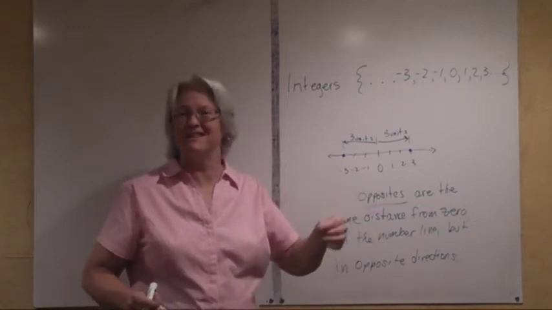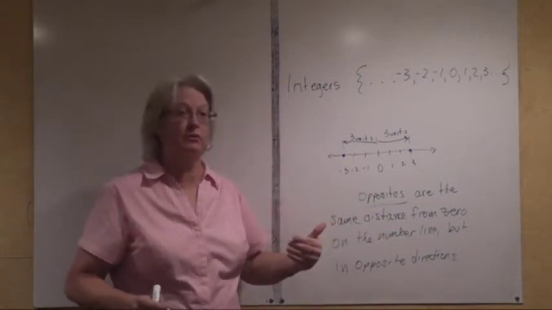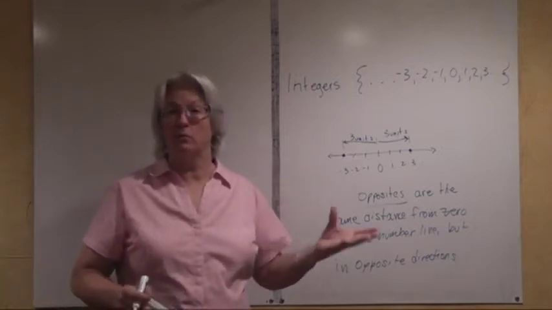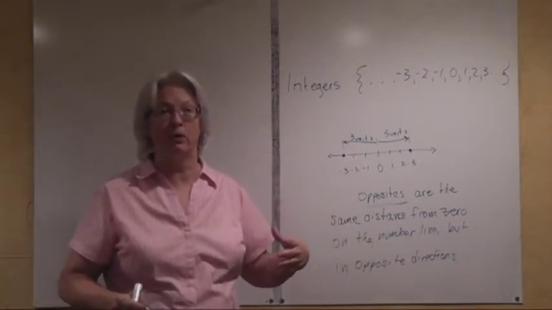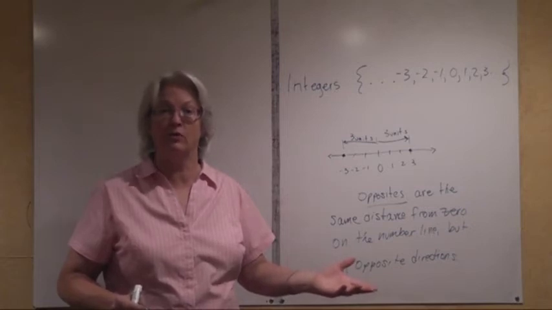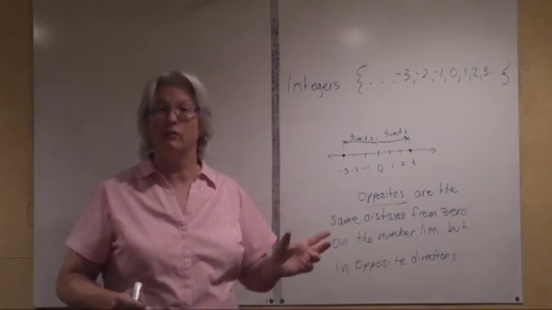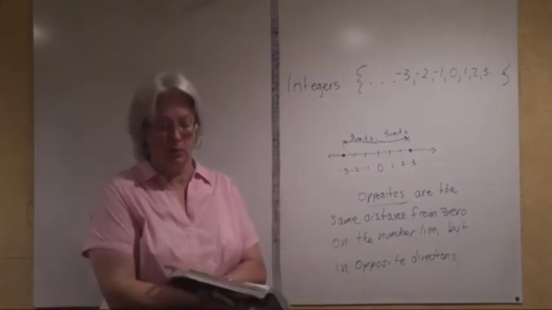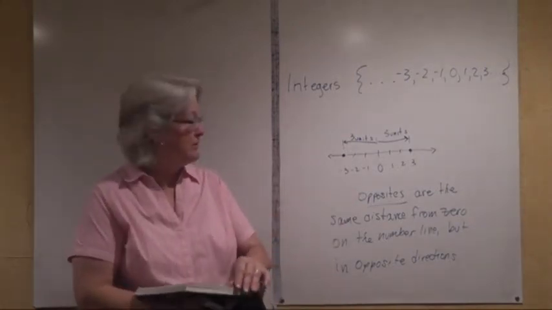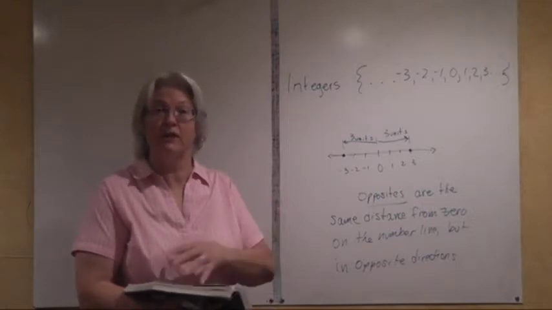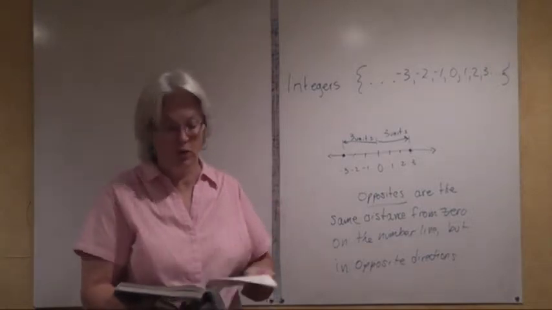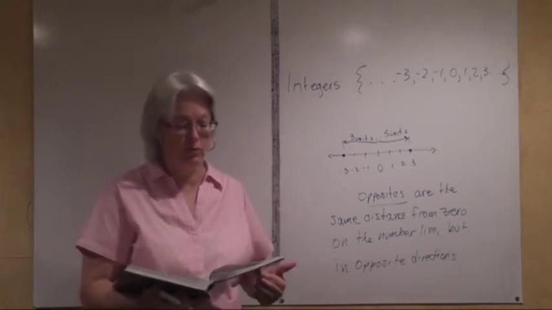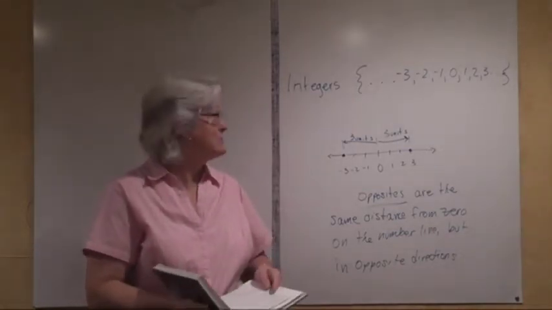So a number and its negative, 3 and negative 3, negative 2 and positive 2, 17.5 and negative 17.5, a number and its negative, those are considered opposites. That's how we arrive at the definition of opposite, which is what we use when we are on page 112 and we're talking about absolute value.